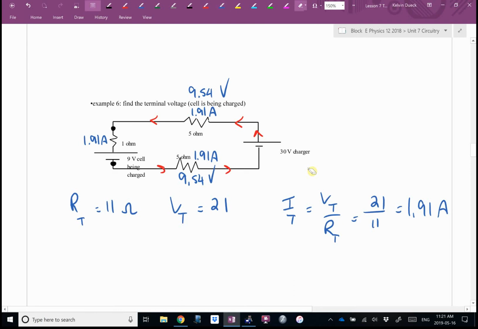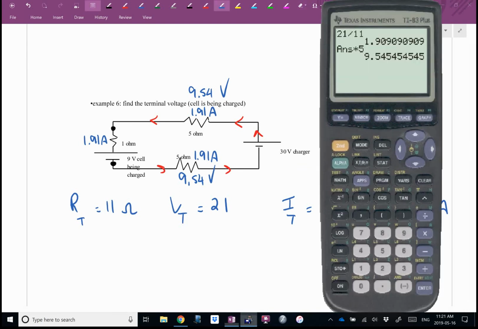Okay. How many volts am I starting with? So if I start with 30, and then I lose 9.5454, and then I also lose 9.54. That's those two. I guess whatever voltage is left must be what these ones add up to. Is that okay? What do I get?